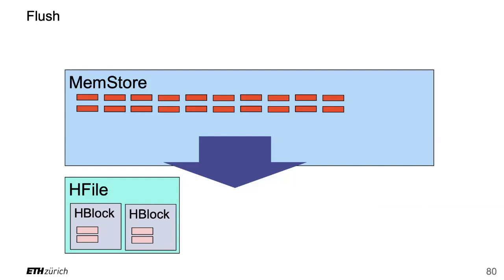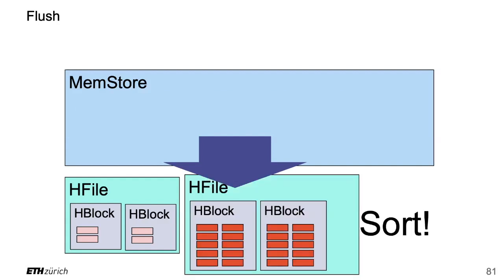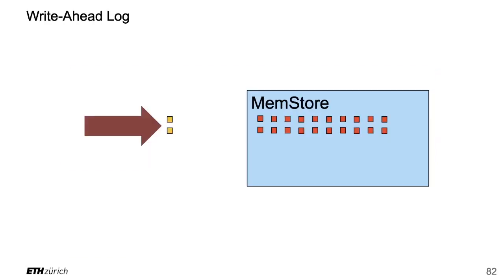These are tree structures. I'm not going into the details of that, but this is something that is taught in data structures and algorithms in the computer science curriculum. So there is a way that I can keep my data sorted at all times in memory for a quite moderate cost. And so basically, when I want to flush them, I use the structure in memory to output them in a sorted order. And that's it.